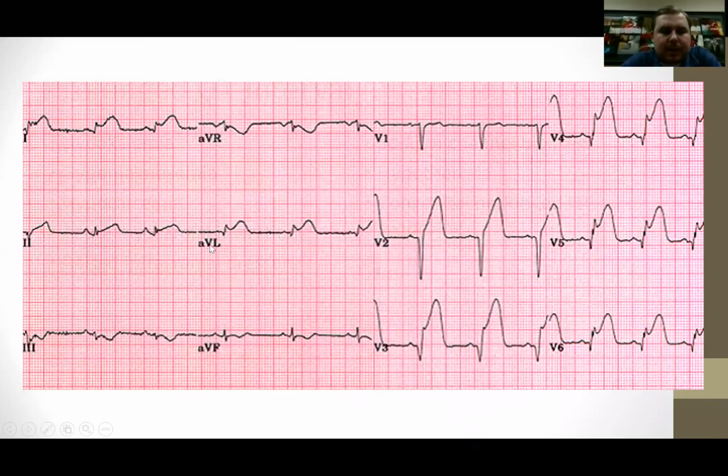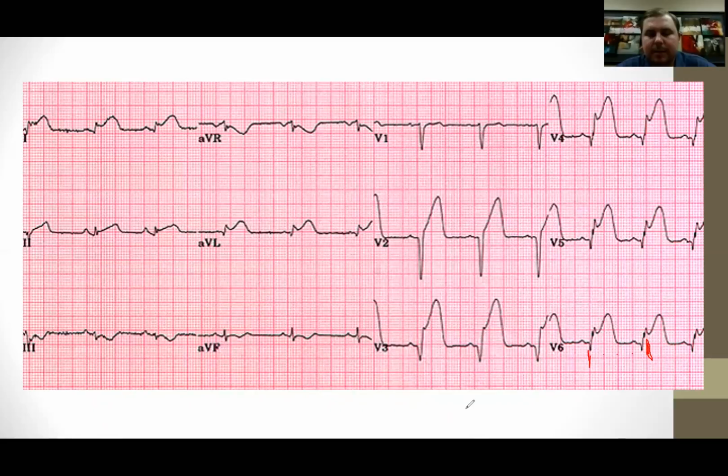So rate, rhythm. I'm going to get my little pen out and find a QRS that lands on a bold line. So out here, let's say V6, this one lands on a bold line. 300, 150, 100, 75. So it ends before the 75.